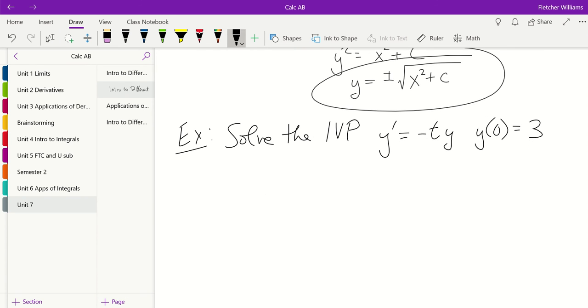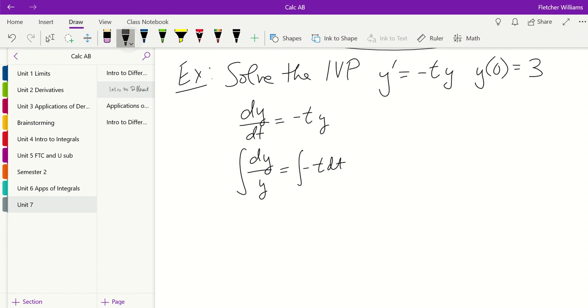All right, so step one would be to rewrite y prime as dy dt equals minus ty. Get the y over to the left side, dy over y equals negative t dt. Then integrate both sides. So that'll get you ln absolute value y equals negative t squared over 2 plus c.